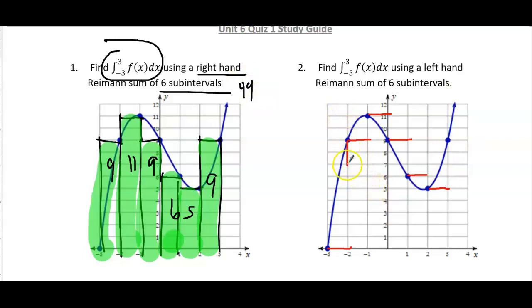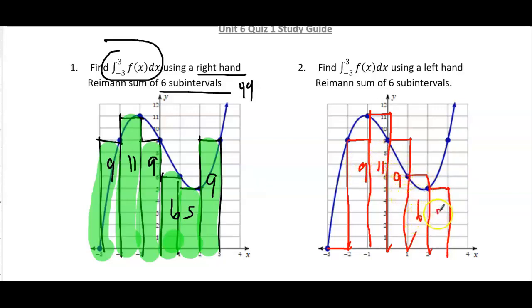Just drop down some lines to create our rectangles once again, and then find all those areas once again. And for that one, I'm getting 40.